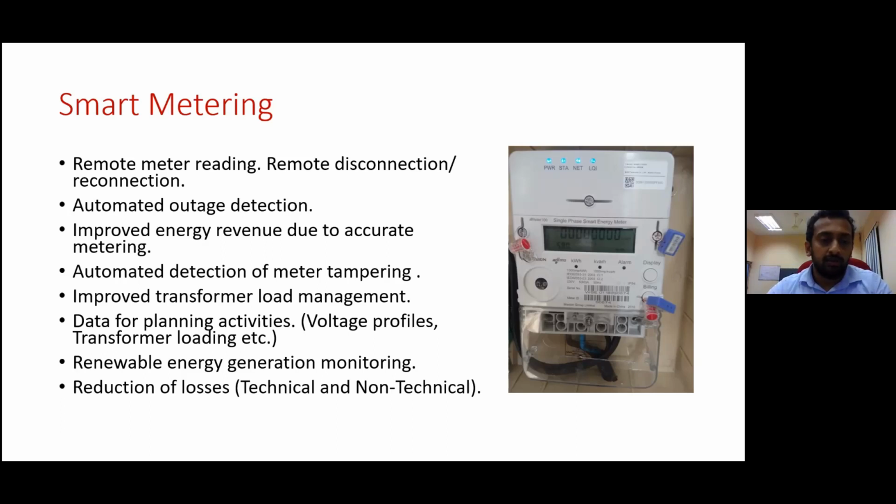So again, we will have data like load profiles and voltage profiles, which are useful for planning activities. And of course, these meters can be used for renewable energy generation monitoring. And finally, the energy loss in the system will be reduced because of the accuracy, and again because of the non-interference of humans for meter reading.